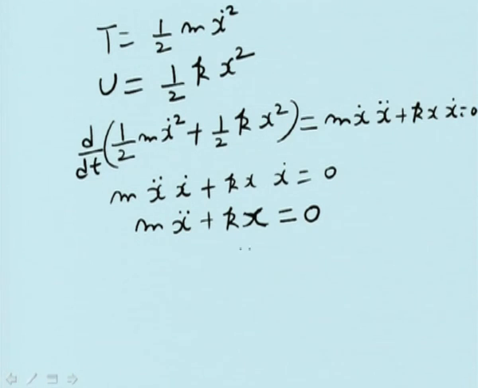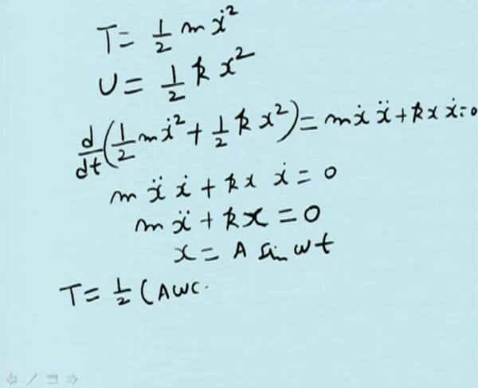Now, only for finding out the natural frequency, let us assume that x is equal to a sin omega t. If you assume that x is equal to a sin omega t, then we get T is equal to half, a omega cos omega t, whole square, multiplied by m.